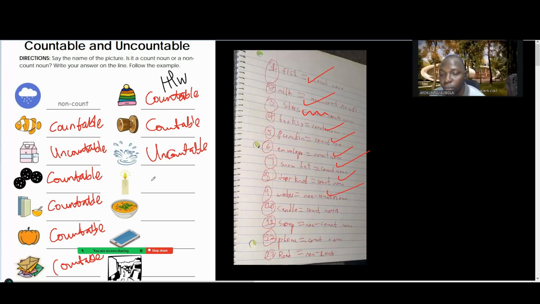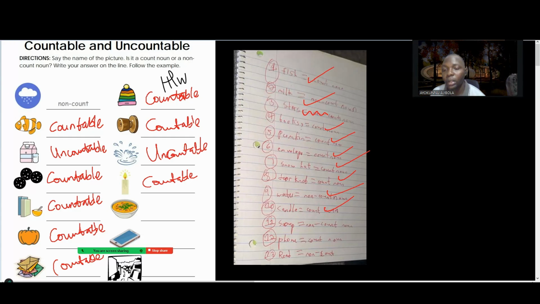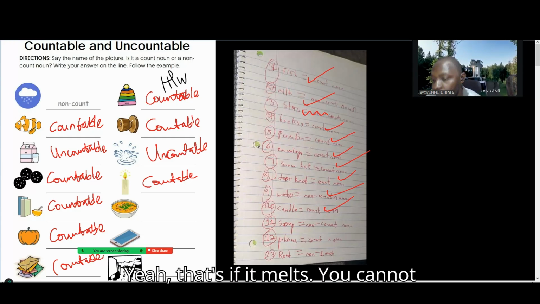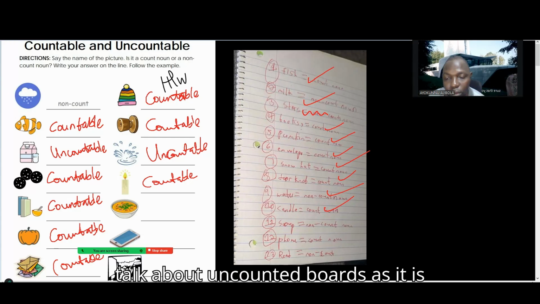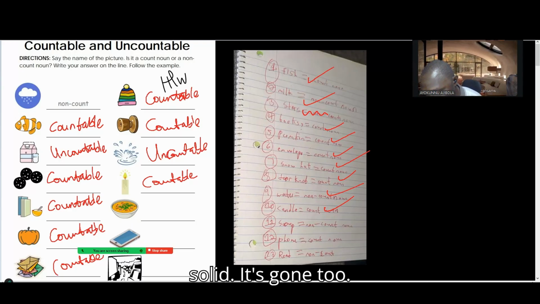Candle. If it melts, you can now talk about uncountable, but as it is solid, it's countable.